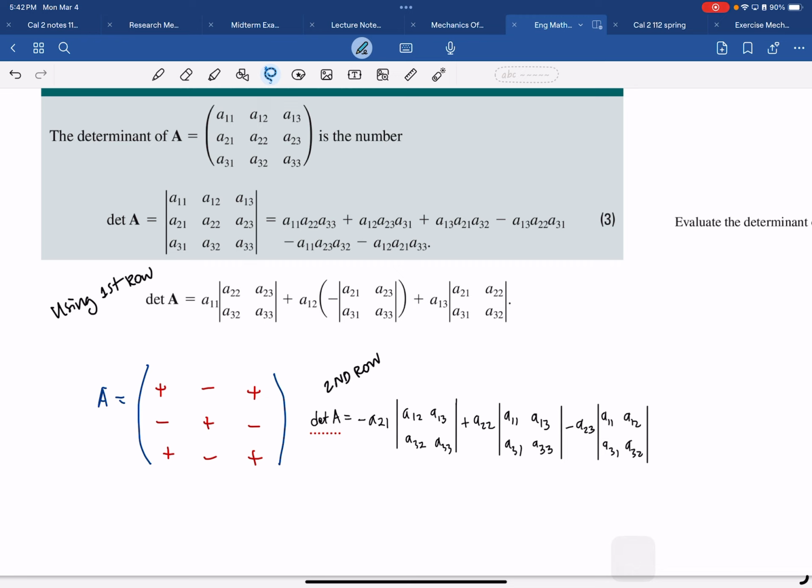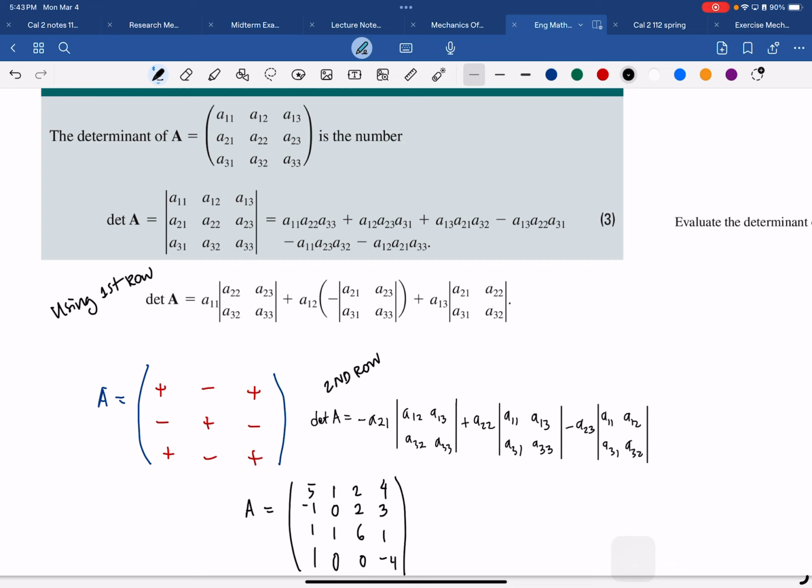Let me just draw a 4 by 4. If you want to find this determinant, it is workable, but it takes time.